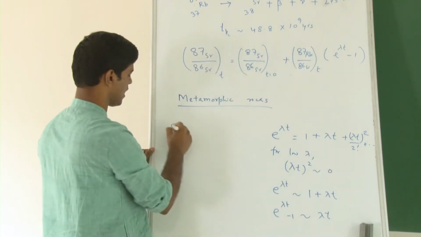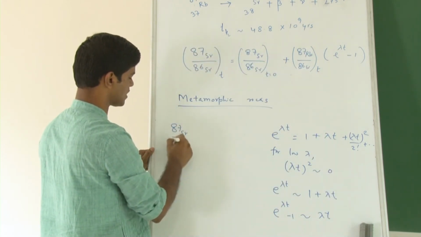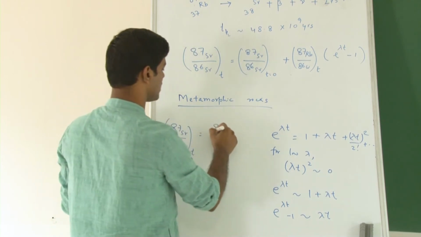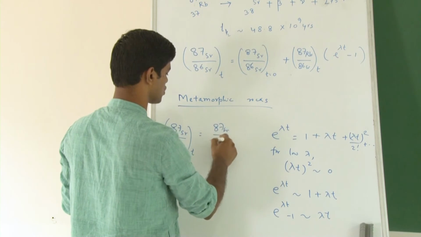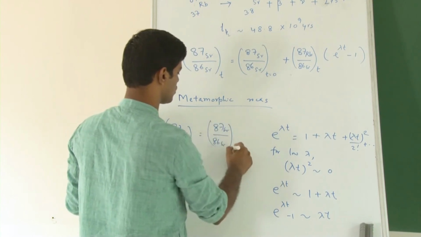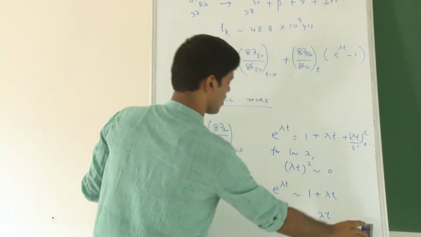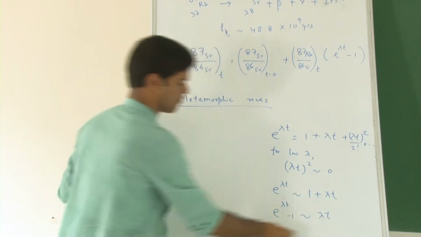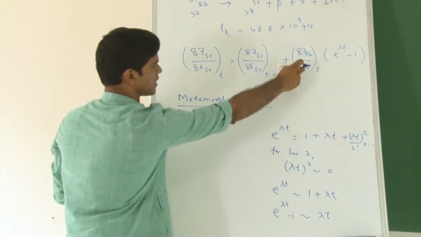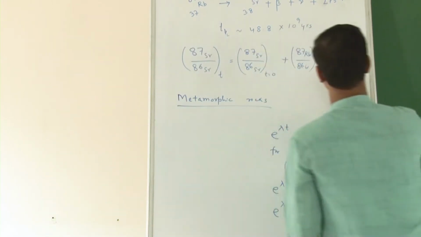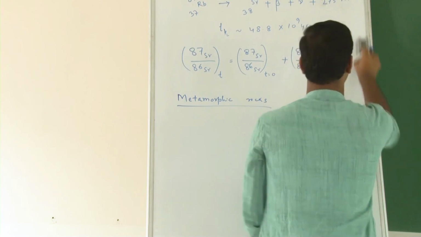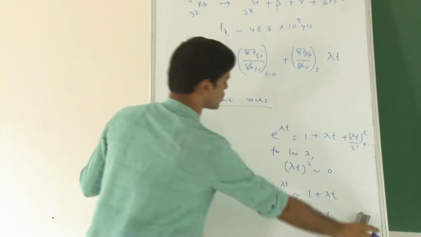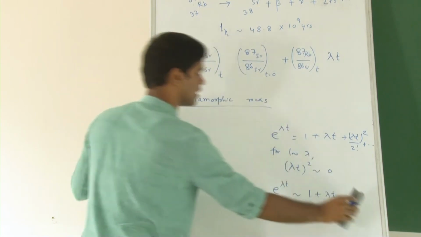If you do that, 87 strontium by 86 strontium at any point of time will be 87 strontium by 86 strontium at t is equal to 0, plus this e to the power lambda t minus 1 term, which becomes lambda t. Now, it is not equal, we have approximated this.